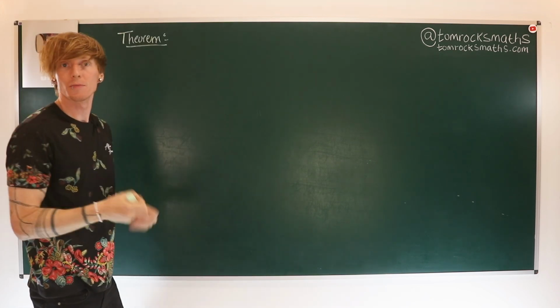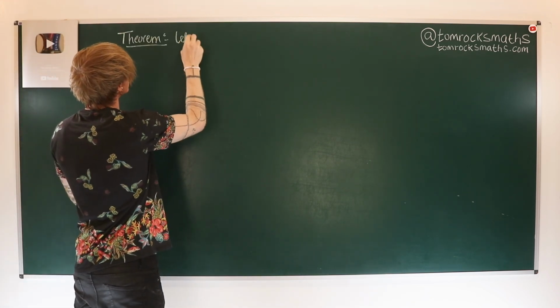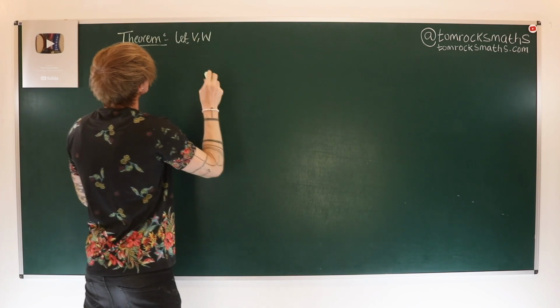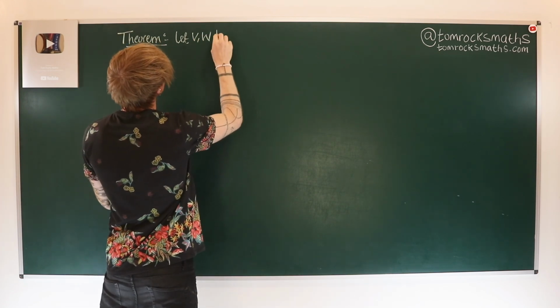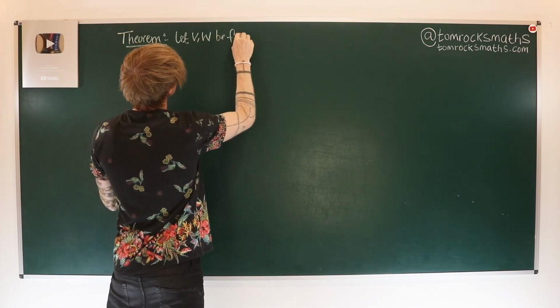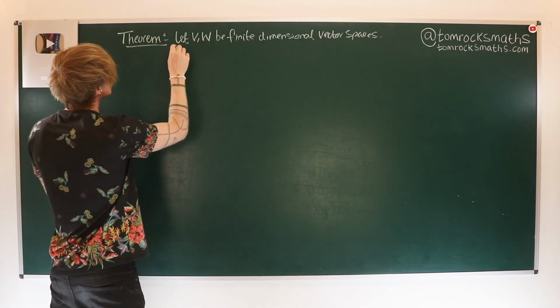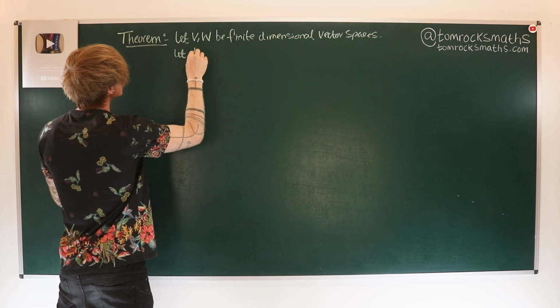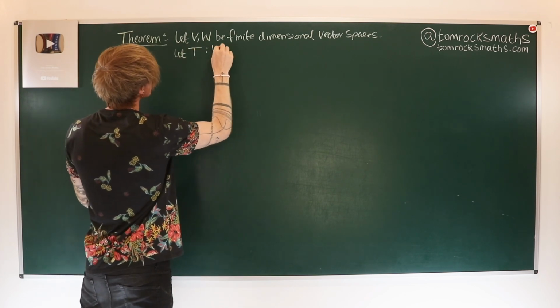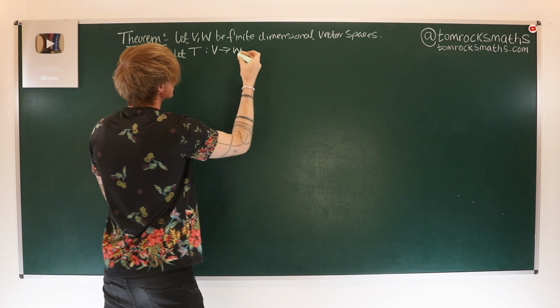We start with V and W being finite dimensional vector spaces, and we're going to have a map T, which is linear. Let T mapping from V to W be linear.